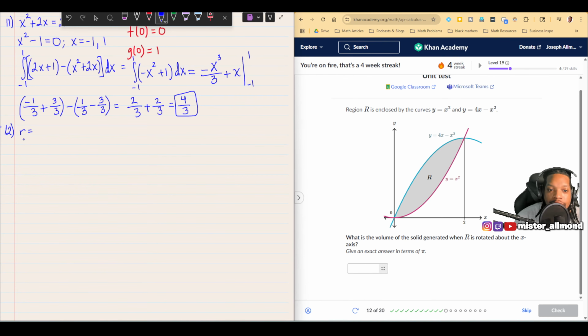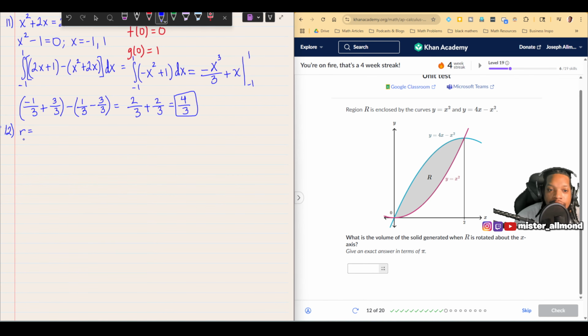All right, so I got to make two calculations. I'm going to calculate the outer volume and then subtract the inner volume. I just want to integrate from, it looks like, it tells me 0 to 2. And I want to take the bigger volume and subtract the inner volume.